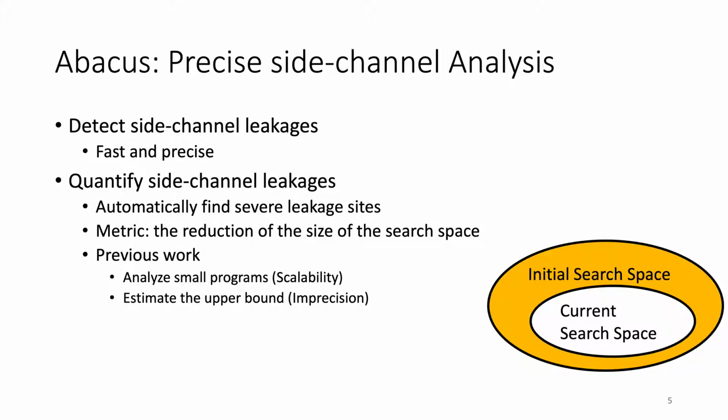For the detection part, our tool is faster than all the previous tools while identifying all the known leakages. For the quantification part, our tool can automatically find severe leakage sites. The leaked information is represented with the orange color in the slide.